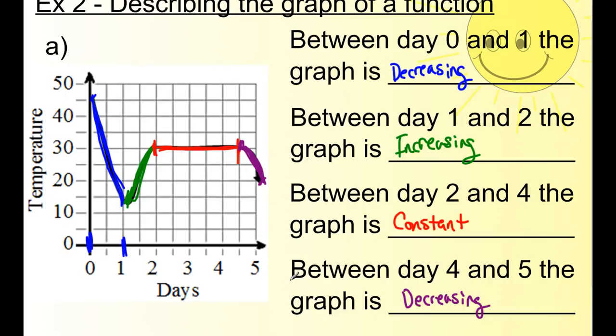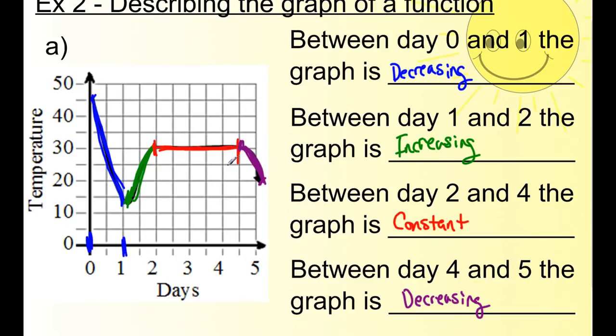So now we have this graph broken down into sections. It's not just, oh, this is nonlinear increasing and decreasing. We have between days 0 and 1, the graph is decreasing. Then between days 1 and 2, it's increasing. Then between days 2 and 4, the graph remains constant, or the temperature, we're talking about temperature, the temperature remains constant.